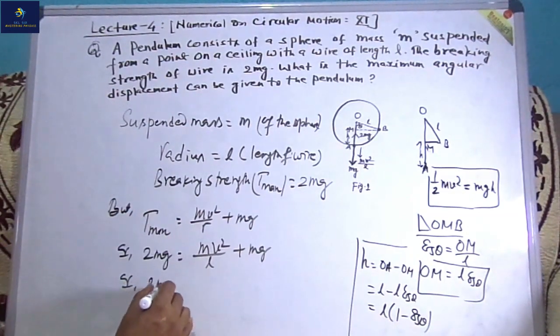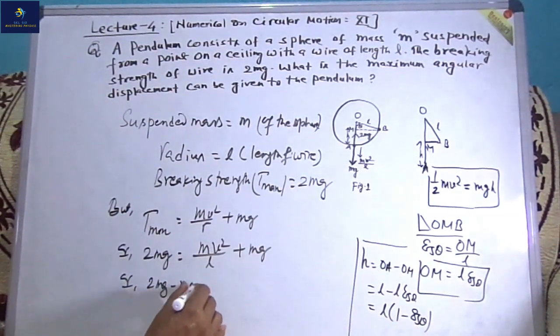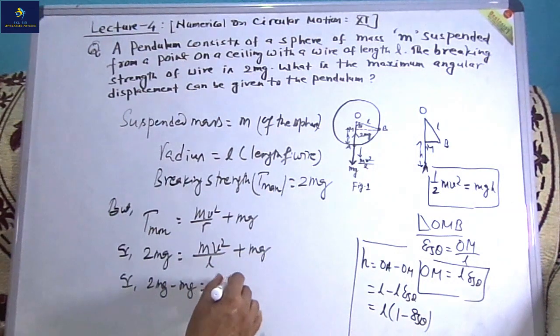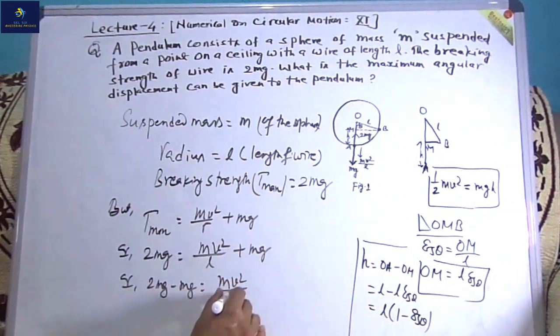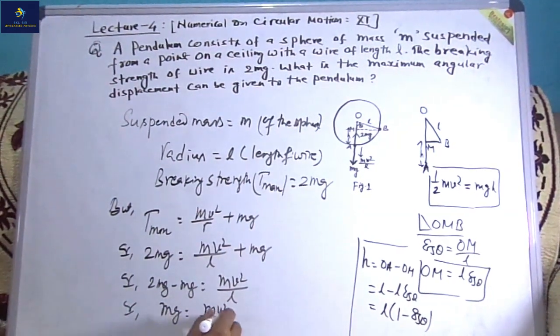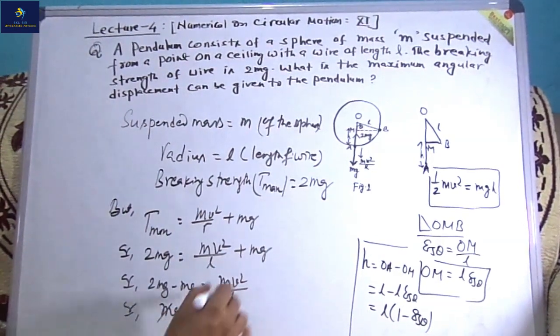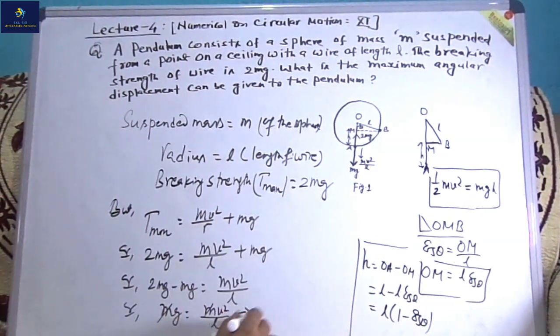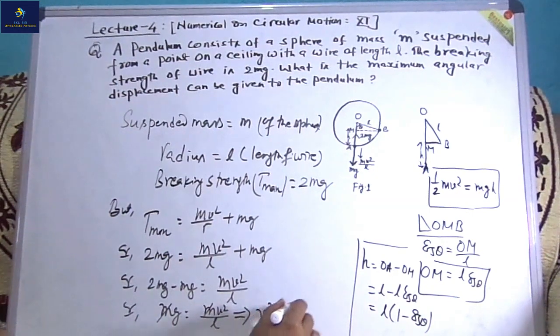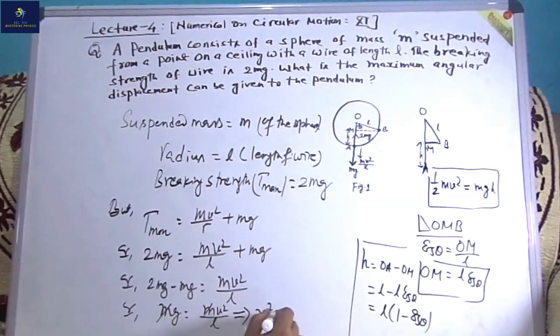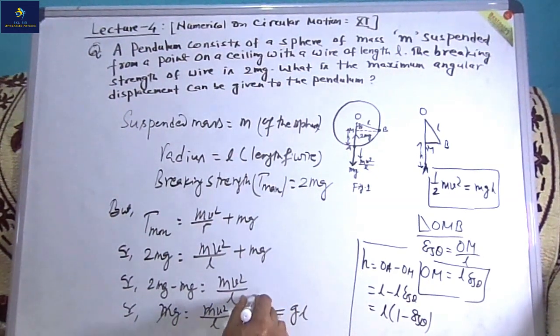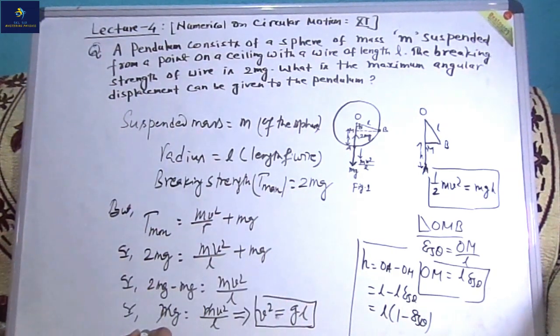Or we can write 2 mg minus mg is equal to mv square by L. So mg is equal to mv square by L. The m cancels out, and this implies v square is equal to gL.